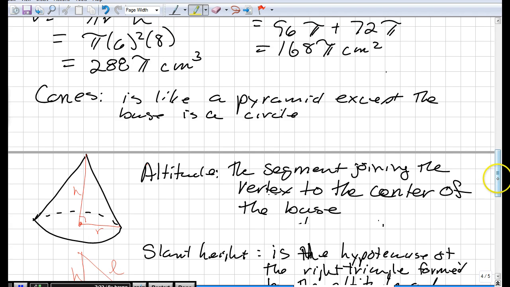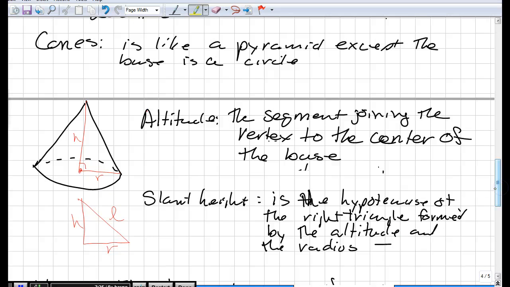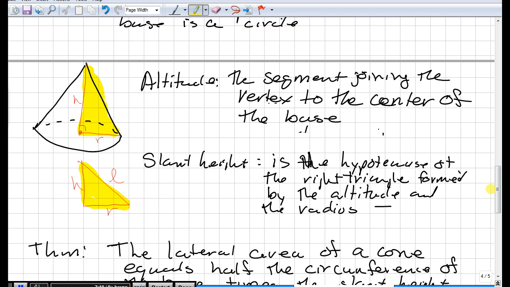The altitude is the segment joining the vertex to the center of the base. The slant height is the hypotenuse of the right triangle formed by the altitude and the radius. And so that would be this right triangle. And so if we pulled that out, it would look like this. Okay. So the slant height is actually the height of the face of the cone.